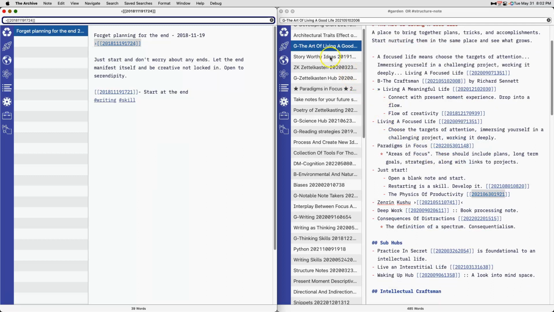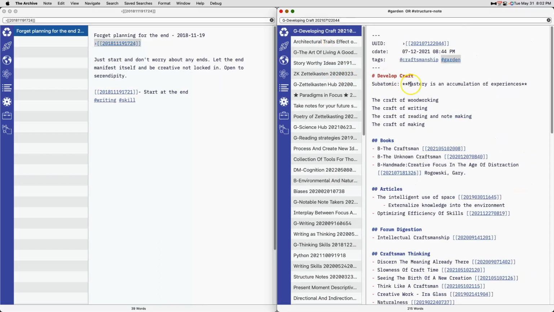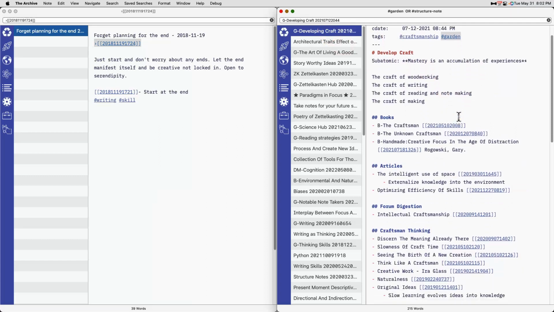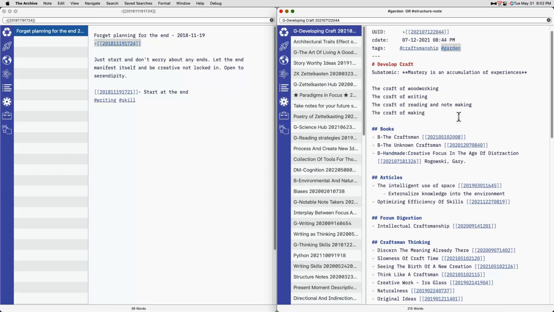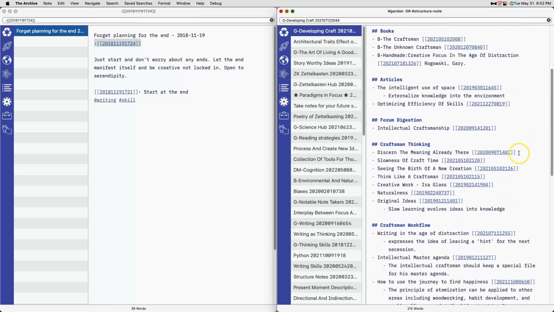So let's look at a couple of other structure notes. This is another structure note here, and it has several sections in it, and they've been added. You can see some of the dates. This is 2019, 2020, different years that these have been added.